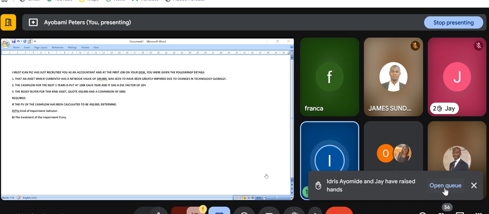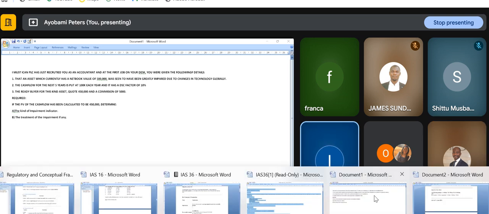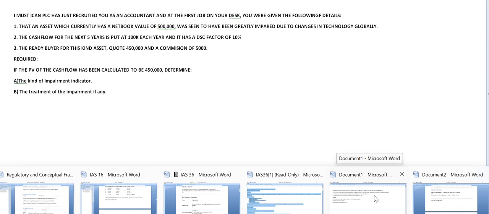Yes, sir. It's a single asset. Thank you so much. Okay. So who can tell me what is the carrying amount of this asset? The carrying amount is 500,000. Do we all agree with her?